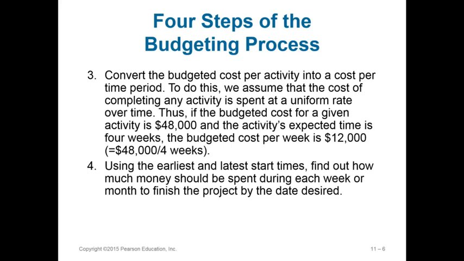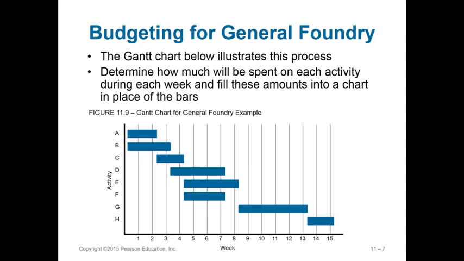So it's an attempt to try to see over, say, 10 or 15 or 50 weeks, if you're staying within budget limitations. And earliest and latest start times should be able to help you understand when you're going to need the cash to be able to take care of each of those activities.